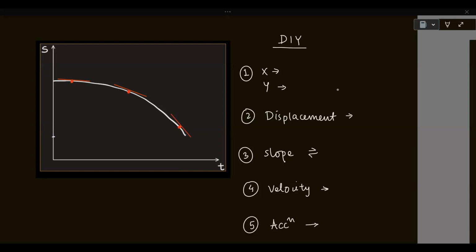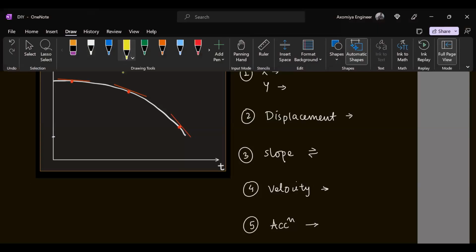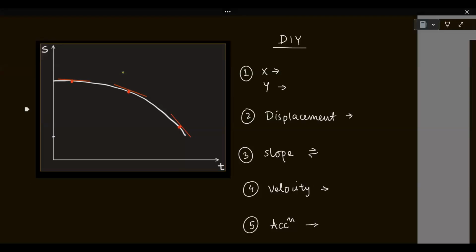Okay, so I'll help you by making positive x-axis. Nobody is going to help you in the exam, but I'm going to help you anyway. This is positive x-axis. This is positive x-axis. This is positive x-axis. So initially the angle is very small, then it becomes slightly big, then it becomes very big.